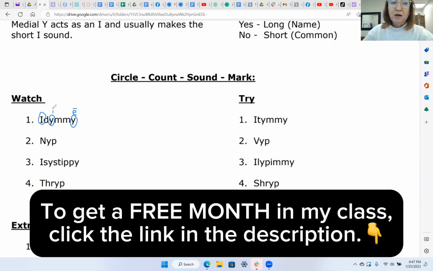So it's going to sound like a short I. I should have said short I. And here's this I. We're going to tap 2. 1, 2. Yes, there is a vowel. Yes, it's going to say its name. So when I pencil read this word, it's I, D, I, M, E. I-dim-me. Try yours. I'll be quiet while you work.